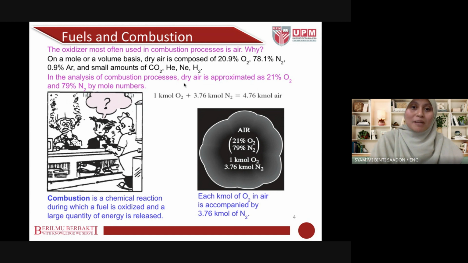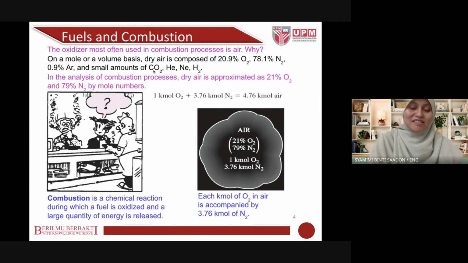That's why, to simplify the evaluation of the combustion process when we want to analyze it, sometimes we just approximate the percentage as around 21% oxygen and 79% nitrogen.